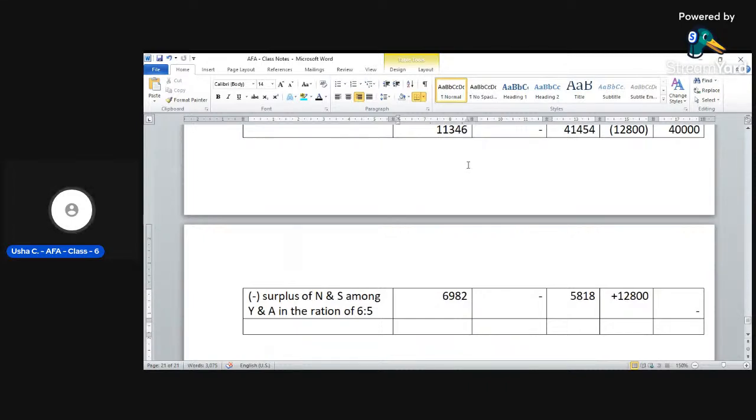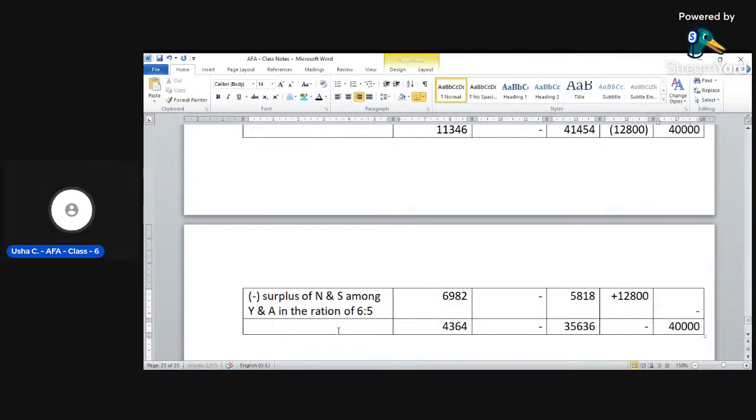It is 4,364. And for the next column, the difference between 41,454 minus 5,818 is 35,636. And the total is 40,000.